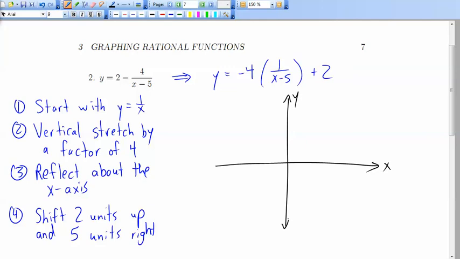So we'll go ahead and draw our graph here. I'll put in some scaling that I think is going to be pretty important down the road. Start off with our prototype here. Maybe I'll draw it in black.